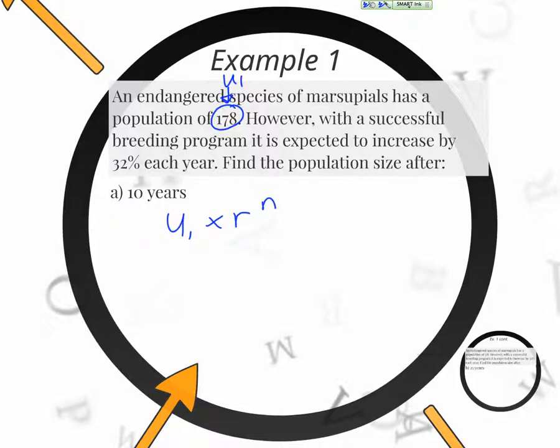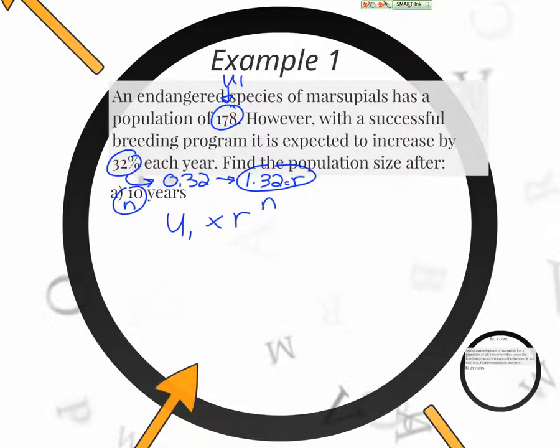Now the rate is 32%, so keep in mind we have to change that to a decimal and then add 1 to it. So 1.32 will be what we use for the rate. And then what's the compounding period? How many years are we looking at here? 10 years. So 10 will go in for n.